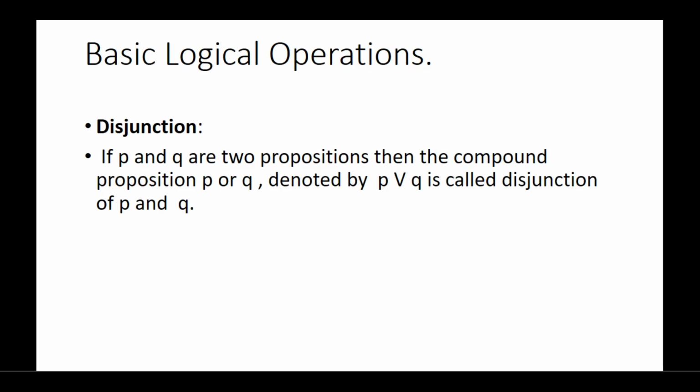So if P and Q are two propositions, then the compound proposition P or Q is called the disjunction of P and Q. If two propositions are connected by the logical connective or, then we call it a disjunction.